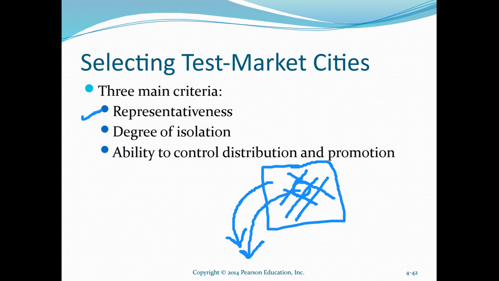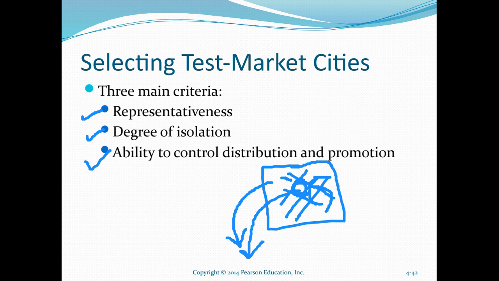Another criterion is its degree of isolation, how much this city is isolated from other cities. If they are closely linked, there's a problem that you might not get the real responses, if consumers from other regions also go there or also get the information. We are running this special marketing campaign in a particular city, and it should be isolated. The third criterion should be the ability to control distribution and promotion.